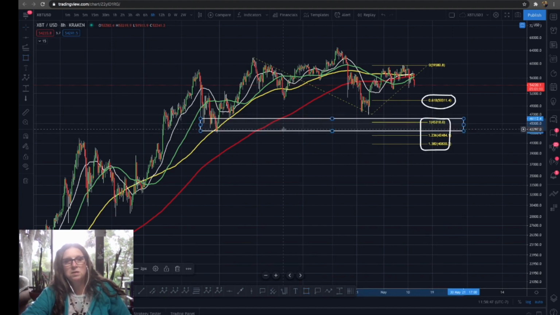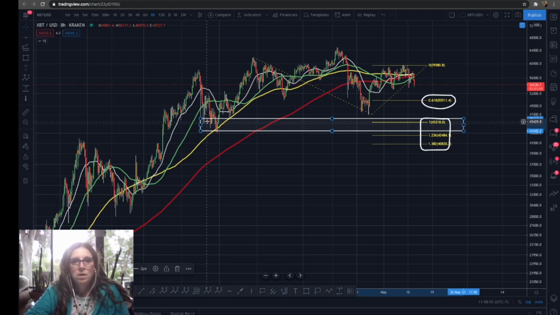Now, it could totally come down lower into this block area here and be just fine.